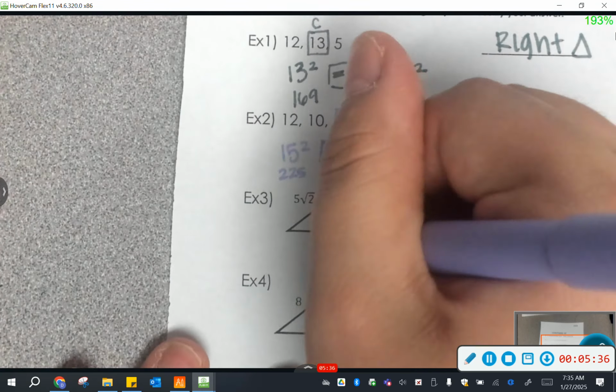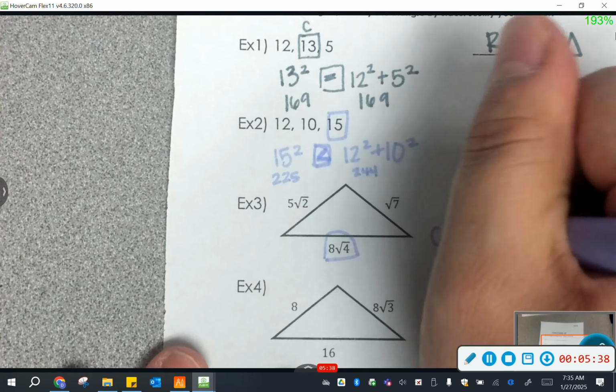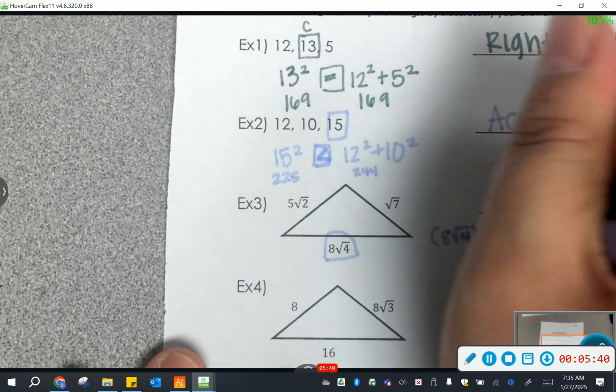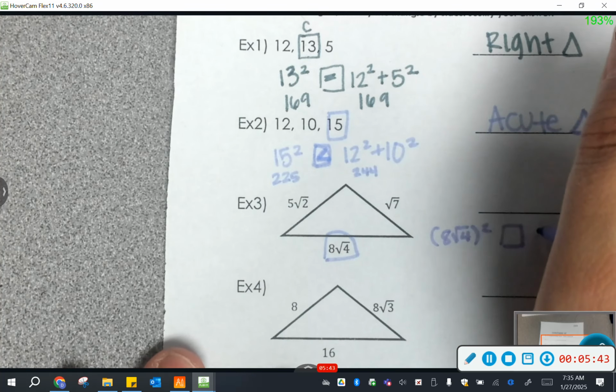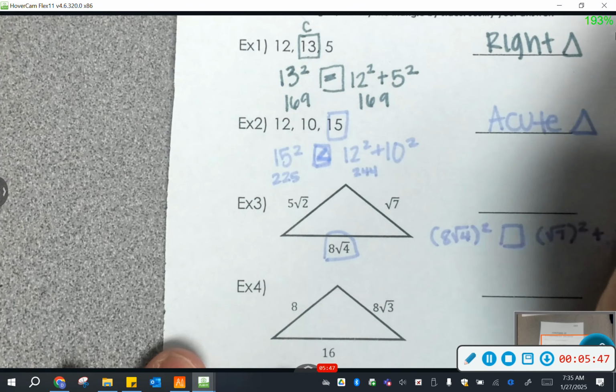Greater than. Write that down, please. And if it's greater than, what is it? It's an obtuse triangle.